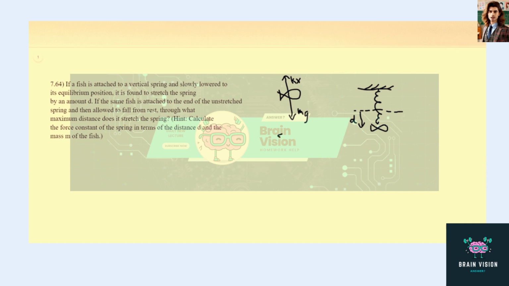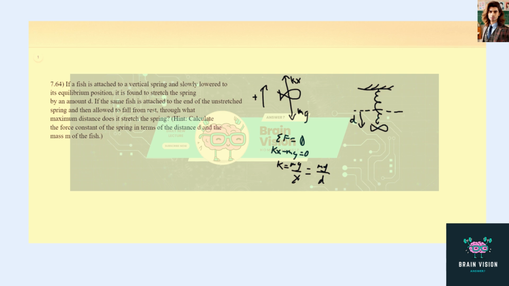Since the sum of forces is equal to 0 in that case, if we define this distance as positive, we have kx minus mg is equal to 0. So then you can solve and get k is equal to mg over x. But since x is the distance d here, we get mg over d.